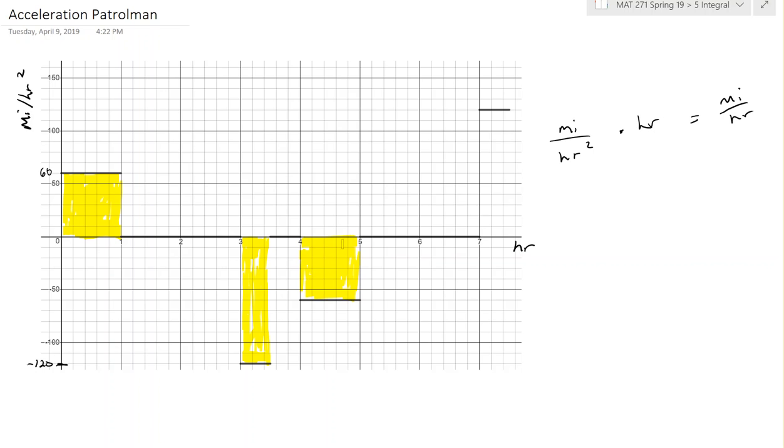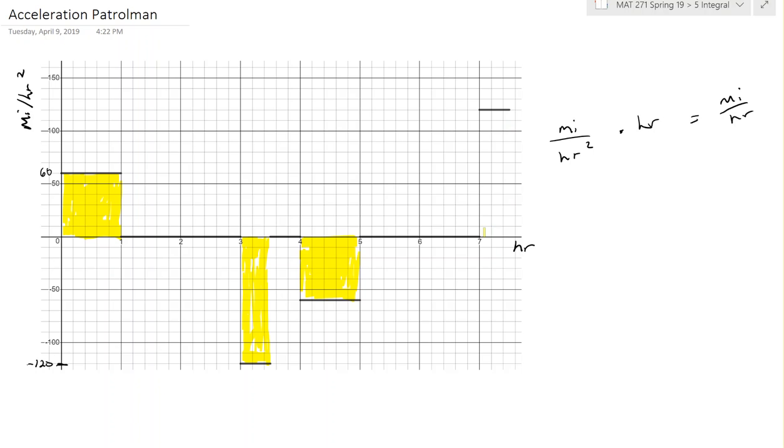So negative 60 times 1 would be a negative 60. So at 5 hours, it looks like he's going 60 miles per hour, but in the reverse direction. He's coming home. Looks like he does that for 2 hours, and then his acceleration becomes positive. So if he's going in the negative direction, and his acceleration is positive, he must be braking.